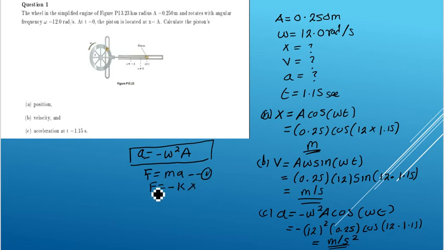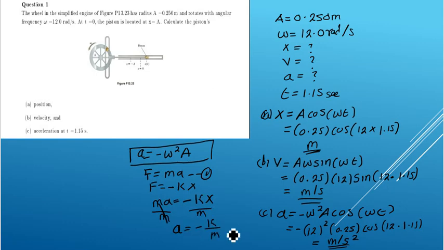So I can replace the force with ma, then negative kx, then I can cancel m, and I remain with the acceleration equal to negative k over m x.